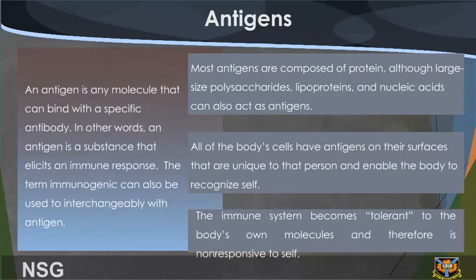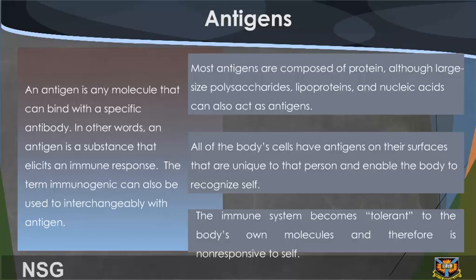Antigens. An antigen is any molecule that can bind with a specific antibody. In other words, an antigen is a substance that elicits an immune response. The term immunogenic can also be used interchangeably with antigen.